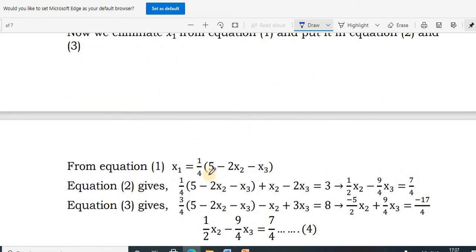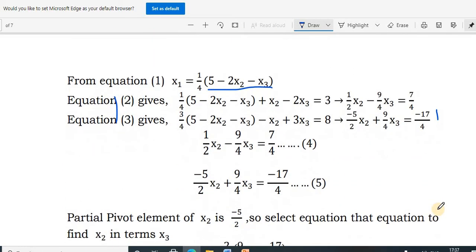So it is 1 by 4 times 5 minus 2x2 minus x3, and I substitute this value in equations 2 and 3. So after substituting this value, what am I getting? New equations: 1 by 2x2 minus 9 by 4x3 is 7 by 4, and minus 5 by 2x2 plus 9 by 4x3 is equal to minus 11 by 7.